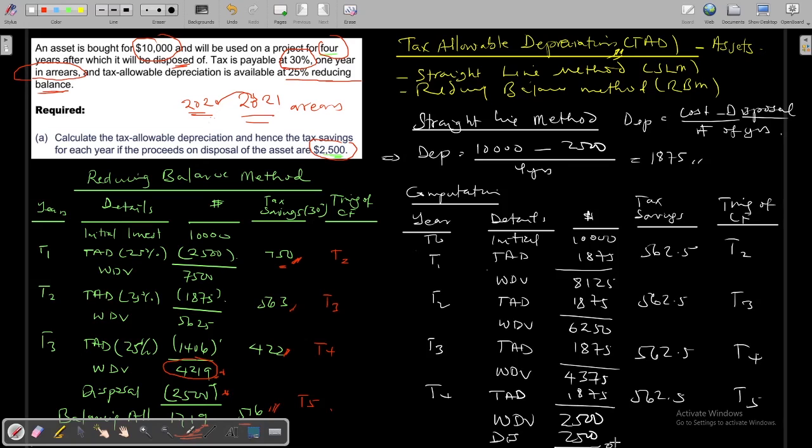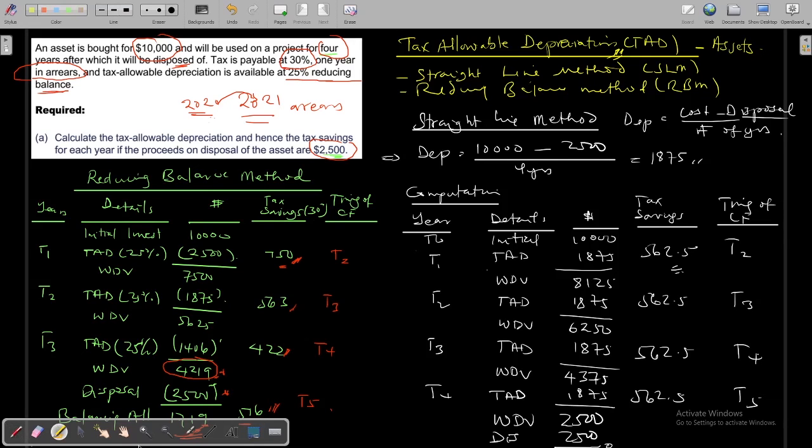Therefore, the only things we record are the tax savings that we are going to claim. This is the difference between the tax allowable depreciation under the reducing balance method and the straight line method.